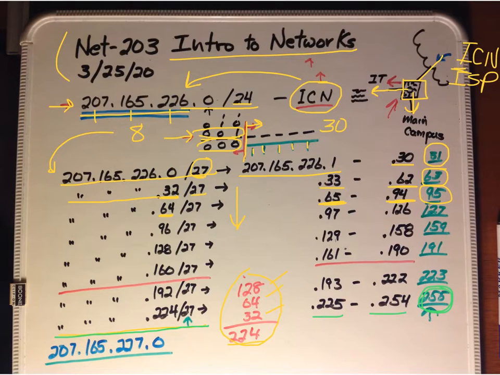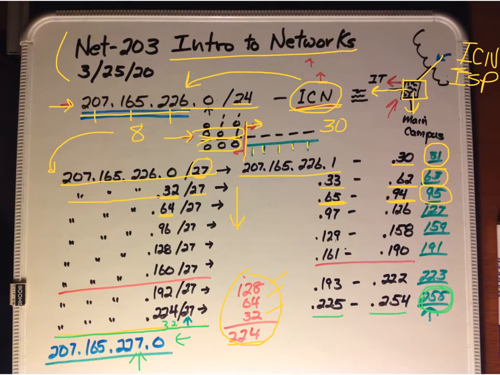And so the next step from here, if you added another 32 onto here, 256, well actually then that goes here, and we got 227. So I asked the students, who owns this address? And they looked it up and they found out that belongs to Olwine. Olwine School's using it. And where did Olwine School get it from? They got it from the ICN.